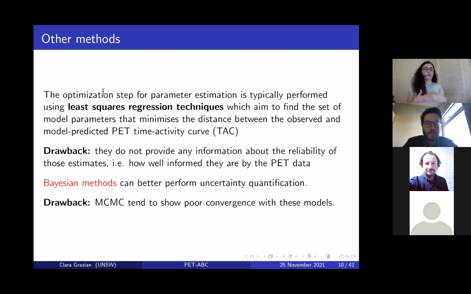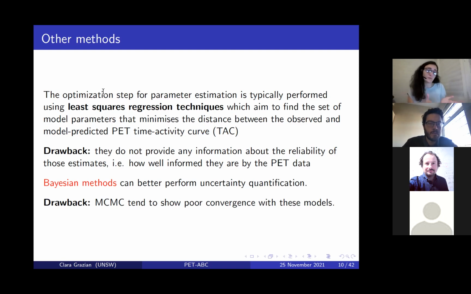As I said, usually this type of researchers assume some type of models, and I'm going to present them in a moment. The golden standard in terms of inference for kinetic models is least square estimation. And there are different types of least squares, like nonlinear, non-negative, weighted, depending a bit on the type of model.